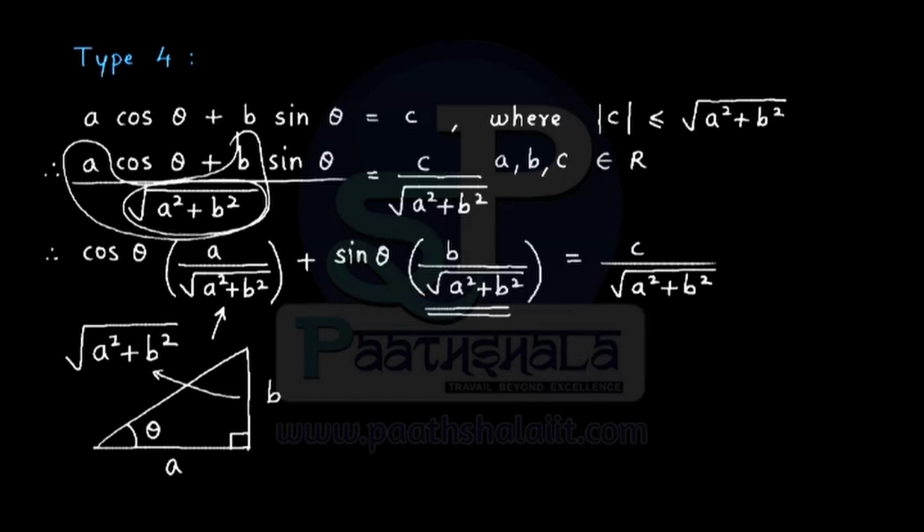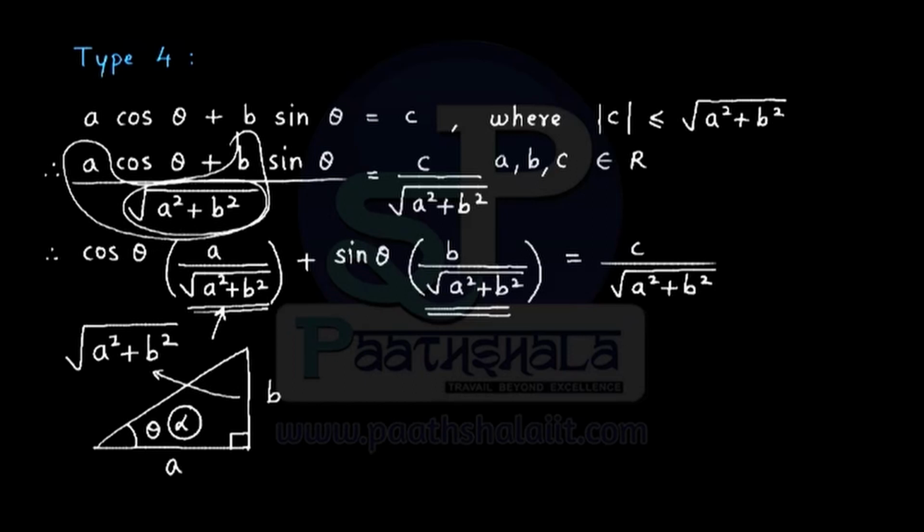So there will always be some angle theta or alpha. Of course here we will not call that theta, we will call it alpha, where cos is given by a upon root of a square plus b square and sine is given by b upon root of a square plus b square, correct?